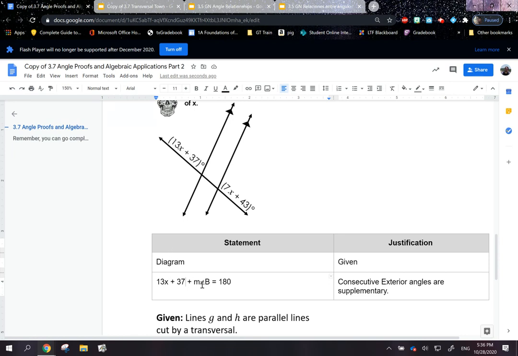And I can do the same thing with the measure of angle B. Here my angle B is 7x plus 43. So I'm going to replace the measure of angle B with 7x plus 43. And so now I have my equation.